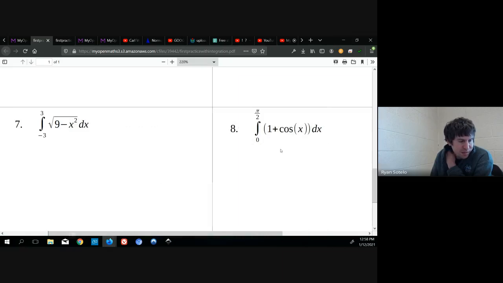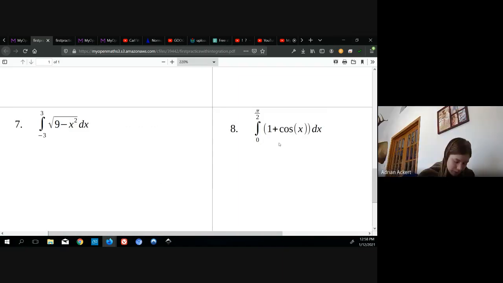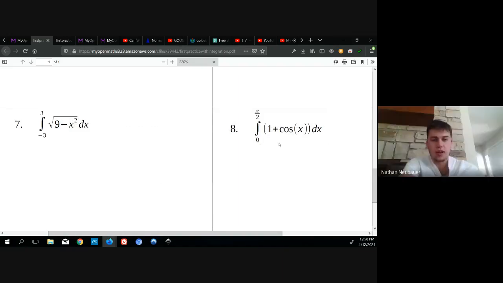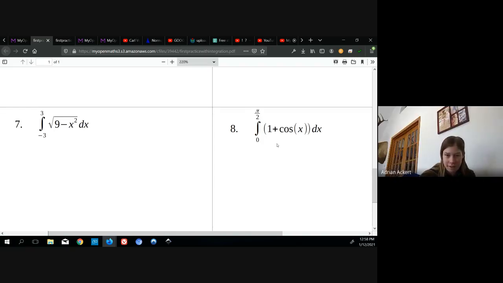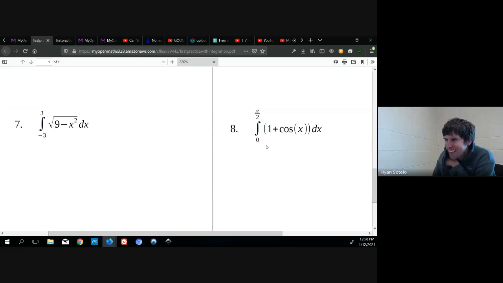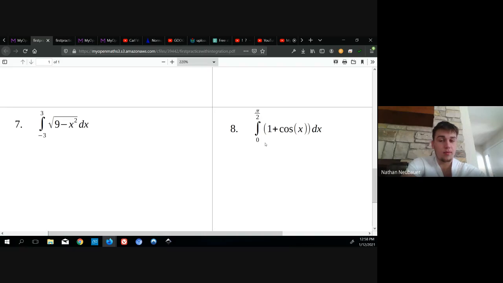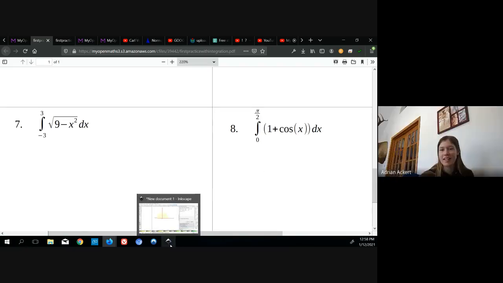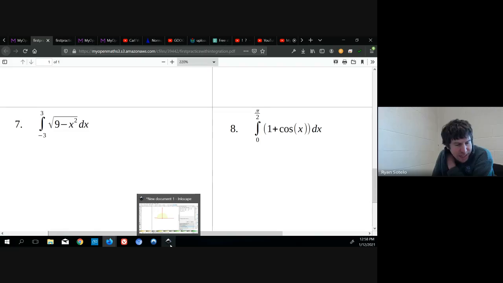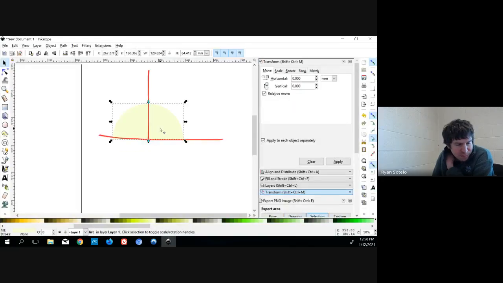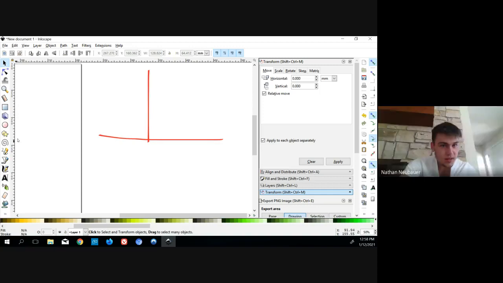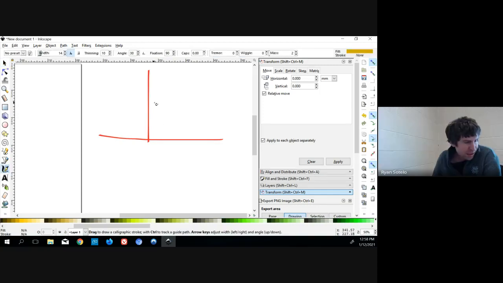The next one, let me write that: 1 plus cosine, to 4.5 pi. I'll tell you right now, I can't do it. With my limited knowledge, I cannot do that either. Take a guess, Nate. We can visualize it, because cosine goes like this from 0 to 90.